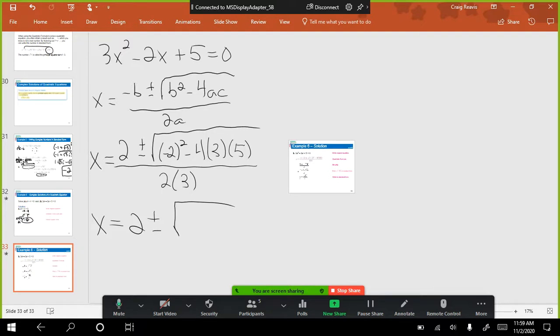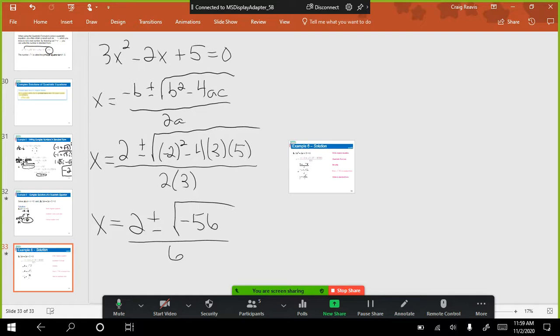So that's going to be 2 plus or minus. Now we can put this in the calculator: negative 2 squared. Make sure you put the negative 2 in parentheses. Minus 4 times 3 times 5. I get a negative 56 over 6. So if we were just dealing with real numbers, we'd say this does not exist.